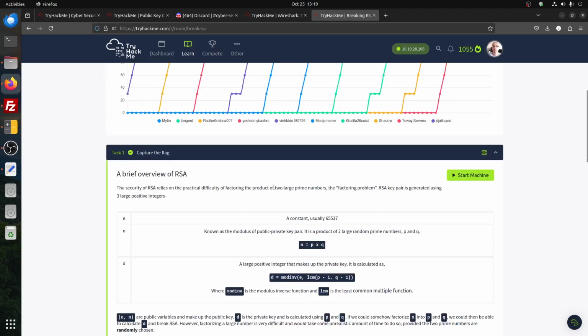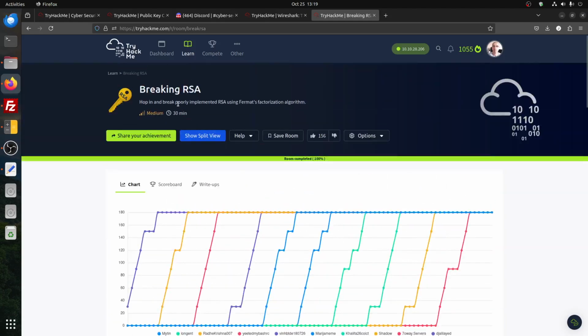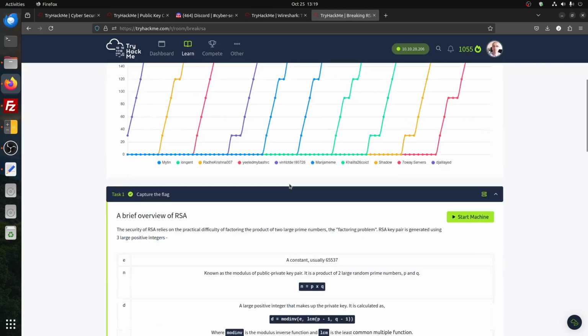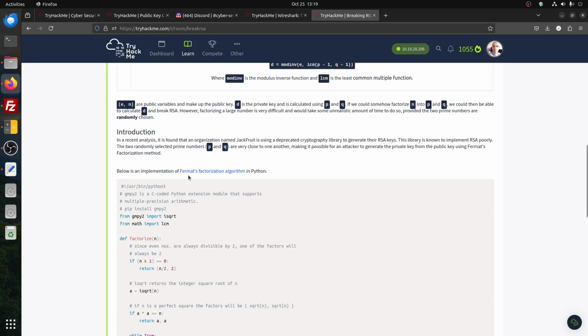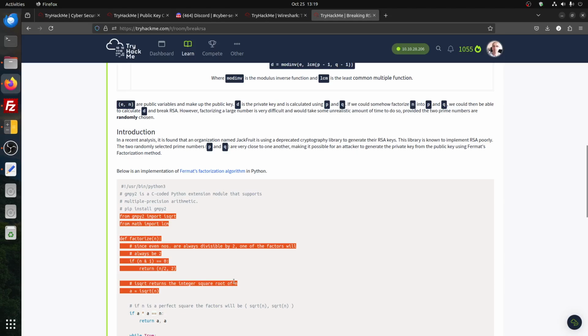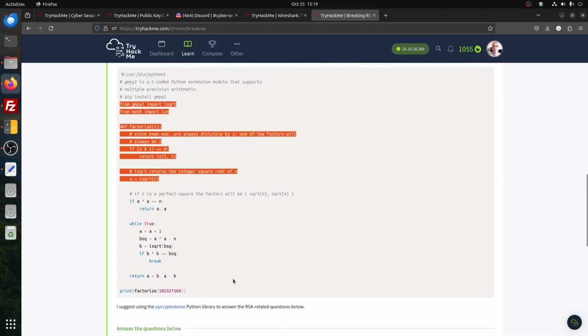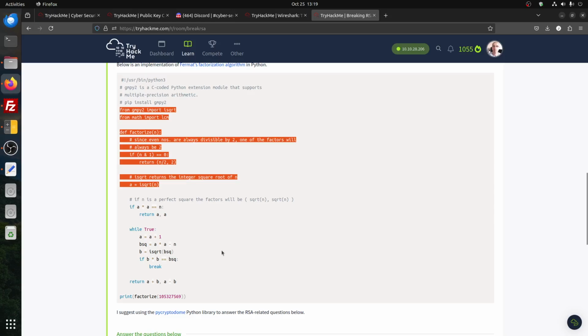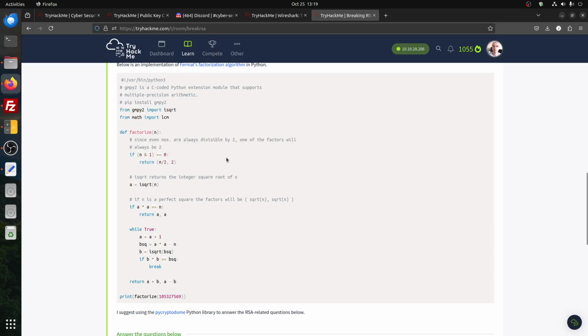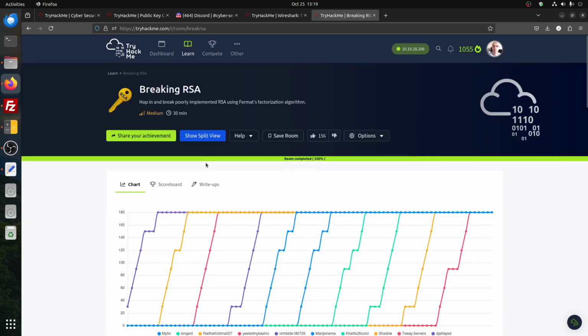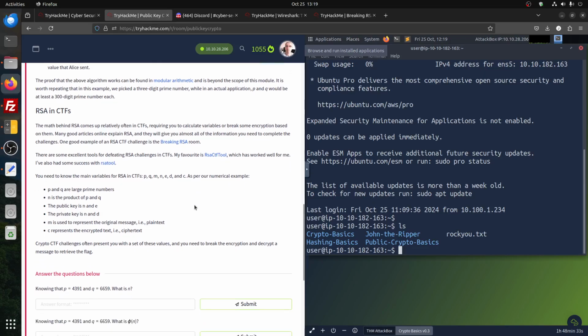They call it poorly implemented RSA, because there is an algorithm called Fermat factorization that can detect this really fast in Python. I have a walkthrough for it, but don't jump on it yet. Continue your learning first before you jump.